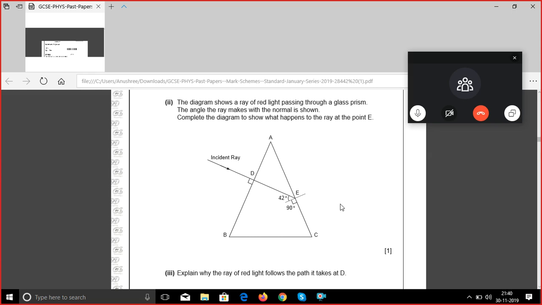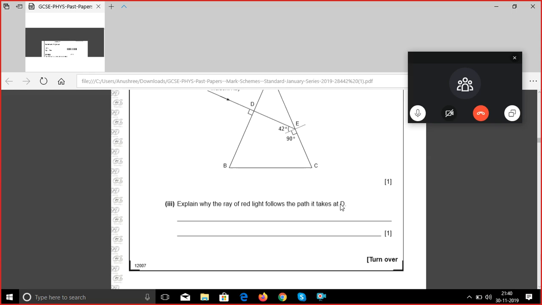So it'll bend more towards the point C. And explain why it follows the path it takes at D, because it is refracted the least.